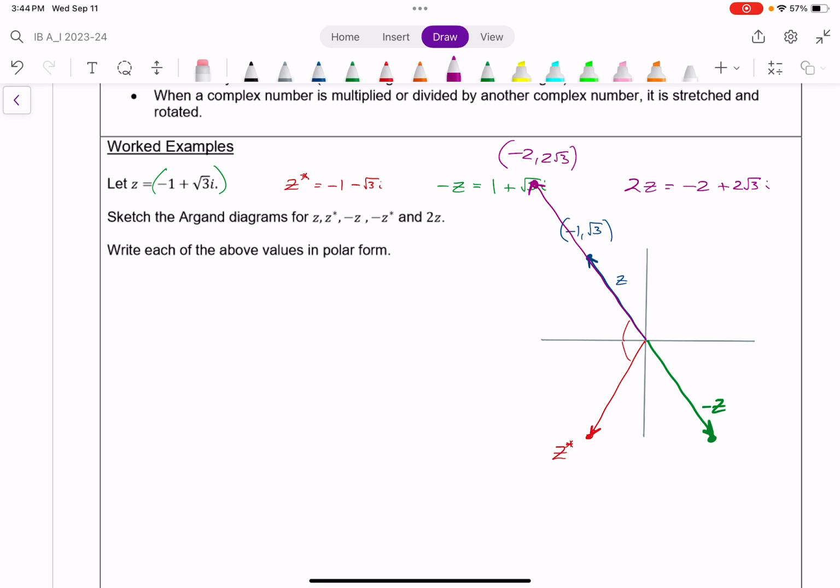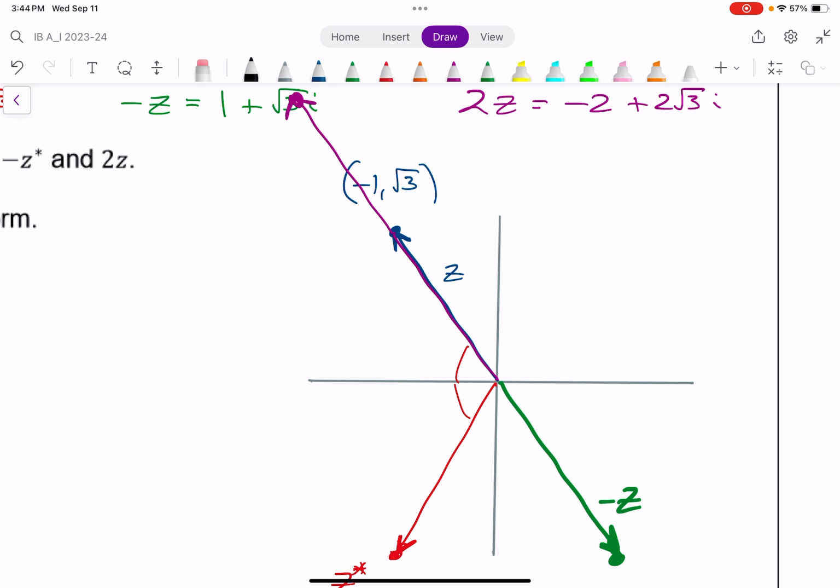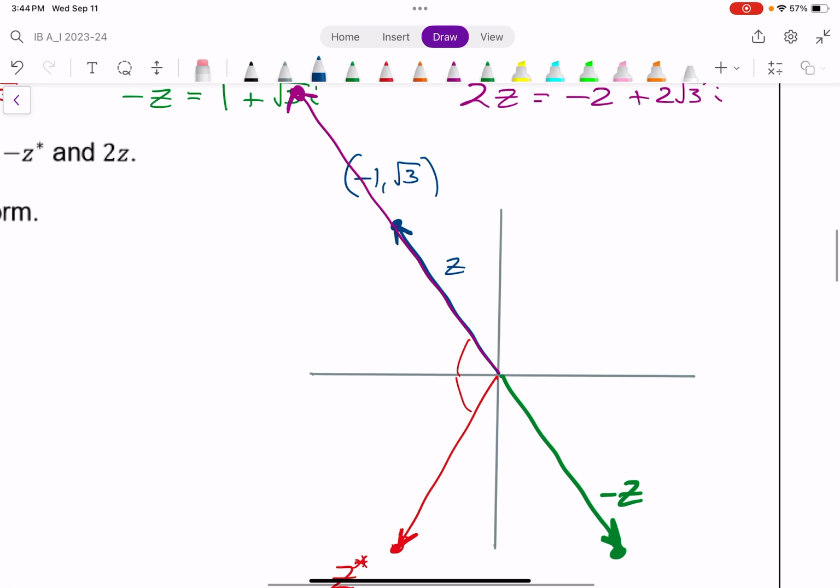And so for this, all I really need to figure out is the modulus of my first vector as well as that angle. And so pretty quickly I can see that the length of z is 2. And using things we've done before, we have a special triangle here. That angle is exactly pi/3.